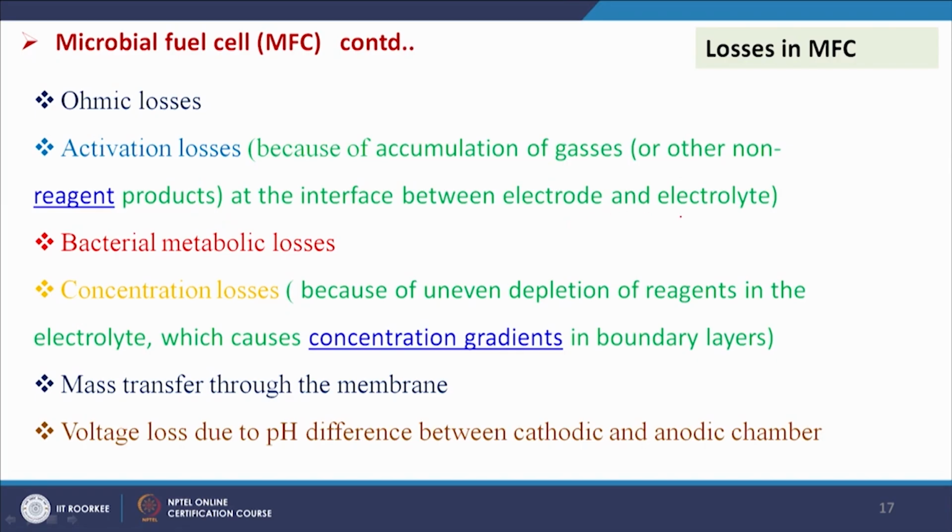So, then activation losses arise, and bacterial metabolic losses, and then concentration losses because of the uneven depletion of reagents in the electrolyte, which causes concentration gradients in boundary layers, and mass transfer through the membrane, and voltage loss due to pH difference between cathodic and anodic chamber. And in this case, current and power are expressed in terms of current density and power density.